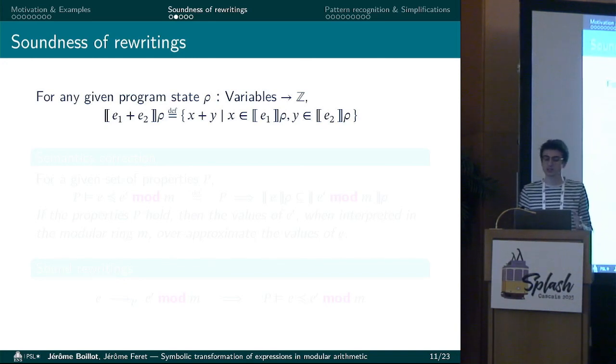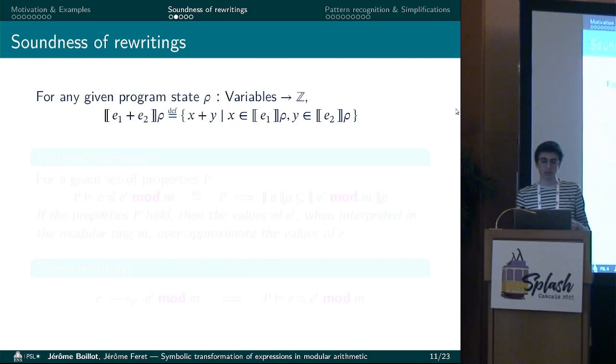So we get a program state that is raw, that is just a function from variables to elements of Z. So the possible values of E1 plus E2 are X plus Y, where X is a possible value for E1 and Y is a possible value for E2.